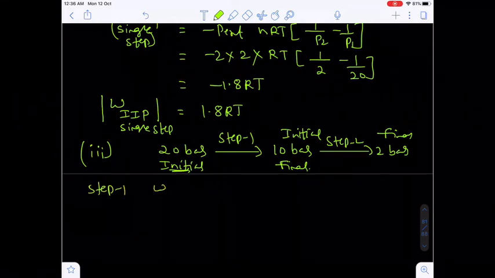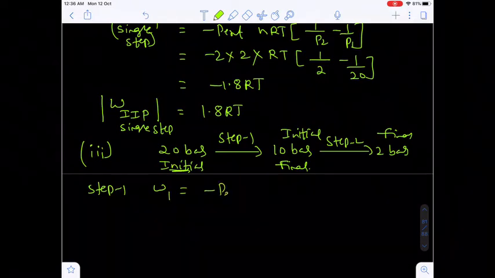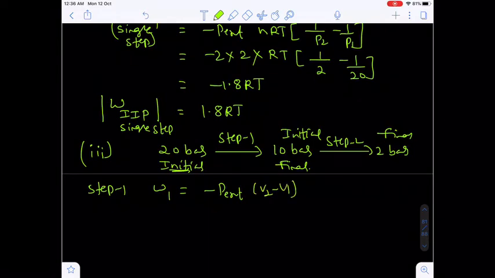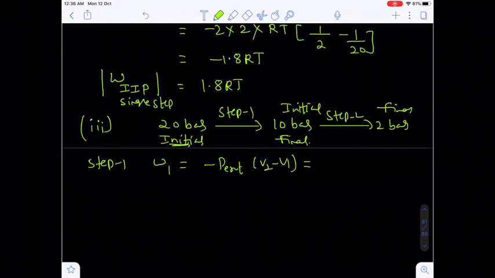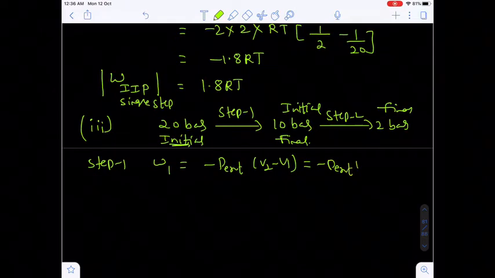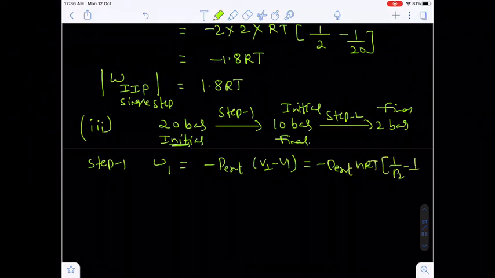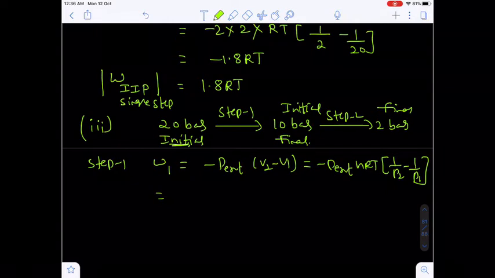In step 1, let's suppose the work done W1 will be equal to minus P external into, the formula will be V2 minus V1. So from here I am writing minus P external into nRT into 1 upon P2 minus 1 upon P1. Now what will be the external pressure here?